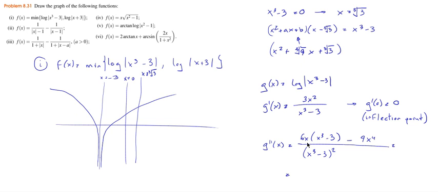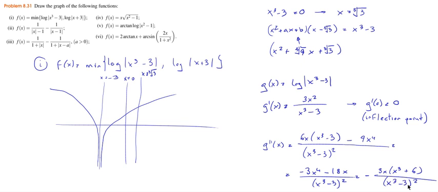This is equal to 6x to the 4th minus 18x minus 9x to the 4th, divided by x cubed minus 3 squared.